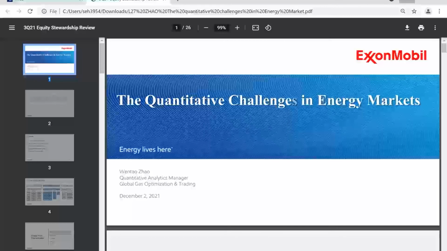This is a diagram that shows how the global energy markets can be decomposed into different regional markets. Whenever we talk about the energy market, generally we talk about 3 parts: oil, gas, and power. Even though right now there are also carbon markets, mostly we talk about oil, gas, and power.